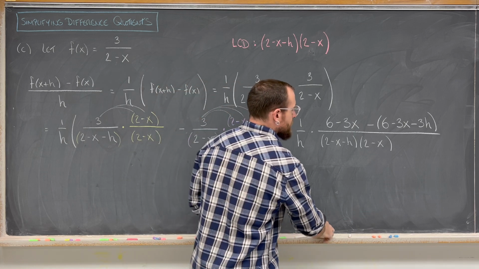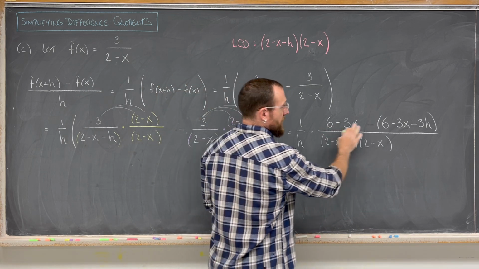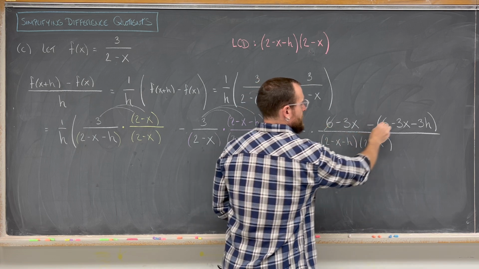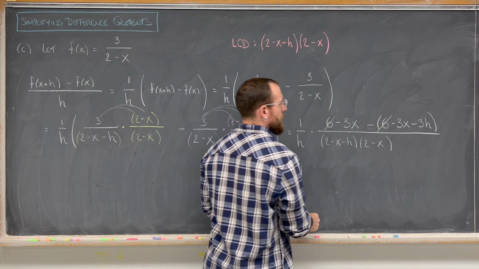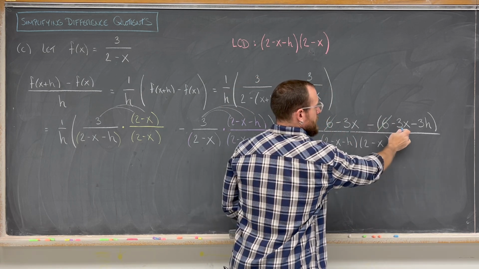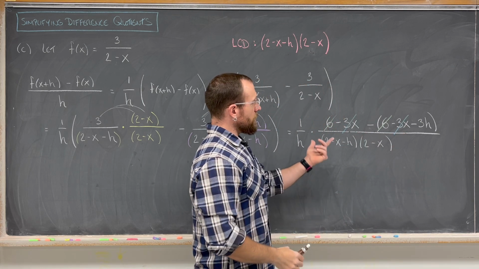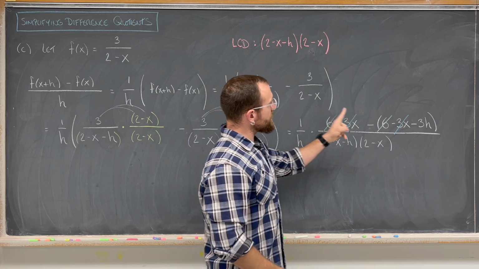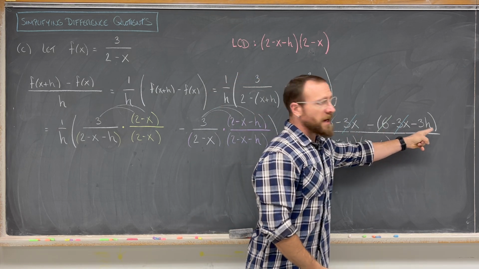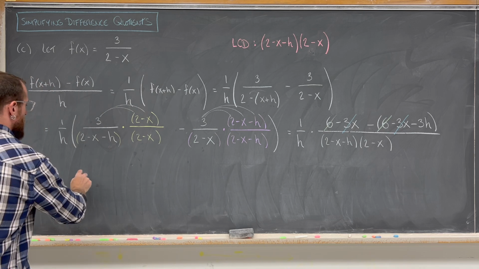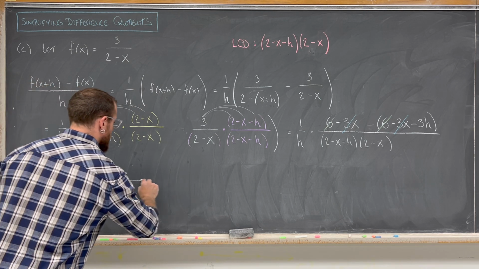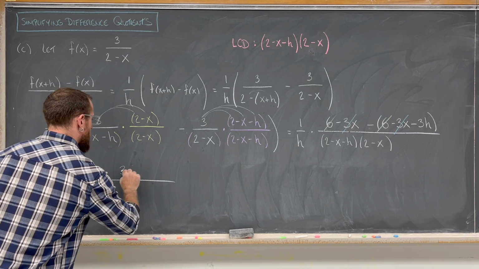Maybe you can see that there are some cancellations. For example, there's a 6 minus 6. Those 6's cancel. There is a negative 3x minus a negative 3x. Those also cancel. In fact, your numerator is 1 times negative 3h. That's a positive 3h. What we're left with here is a single fraction where the numerator is just 3h.